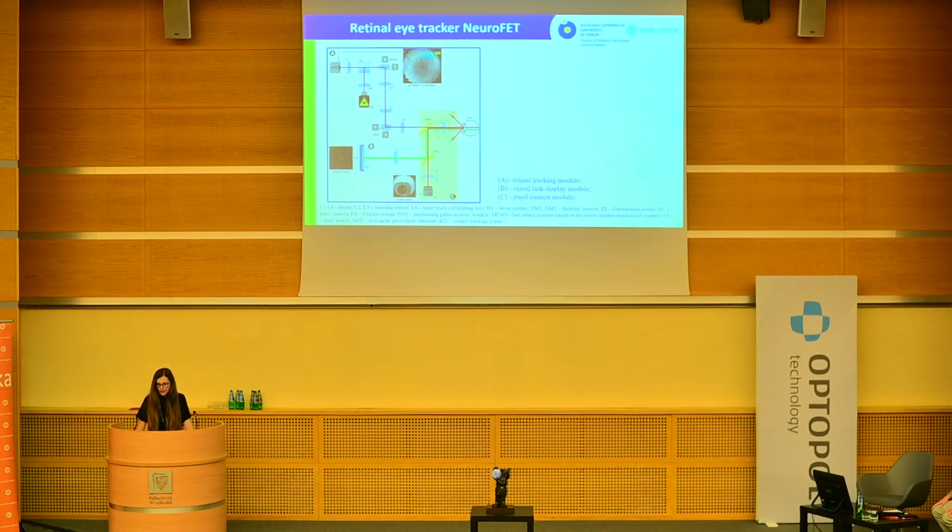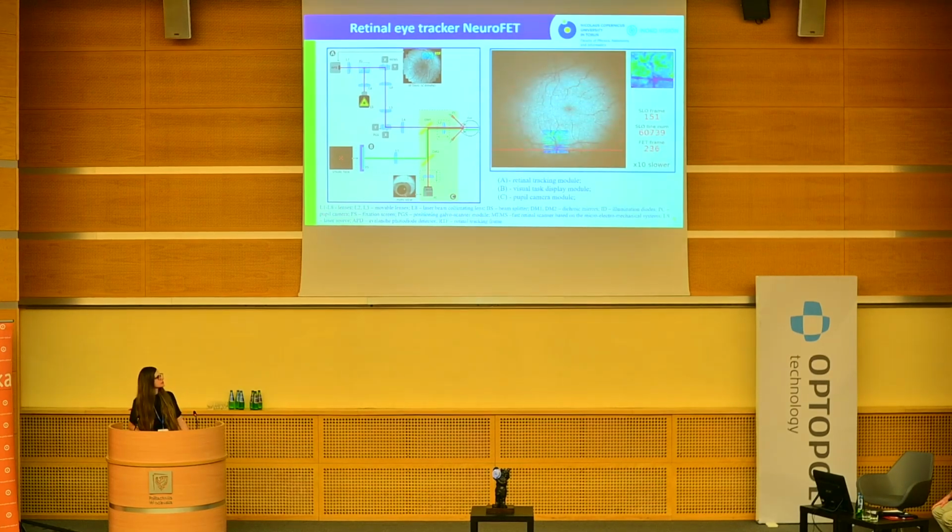So the idea of this retinal tracking module is similar to SLO, but we can achieve a much faster scanning frequency. How do we do this? In our device we have two types of scanners: MEMS scanners and galvo scanners.